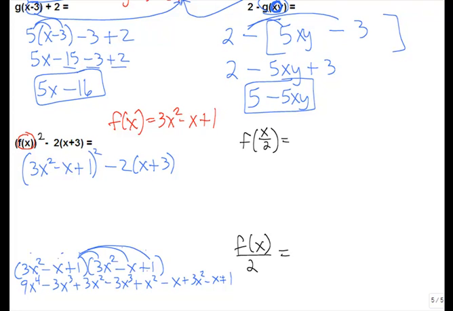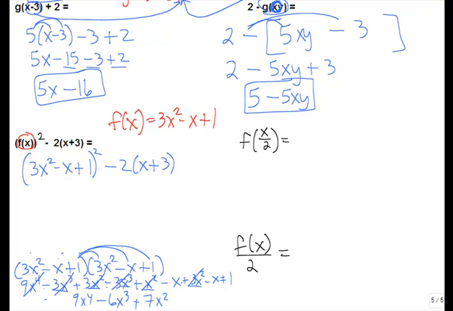Now if we combine our like terms here, we're going to have just that 9x to the 4th. And then we have a negative 3x cubed and another negative 3x cubed, so that's negative 6x cubed. Then we have a 3x squared plus an x squared plus a 3x squared. So 3 plus 1 plus 3 is 7x squared.